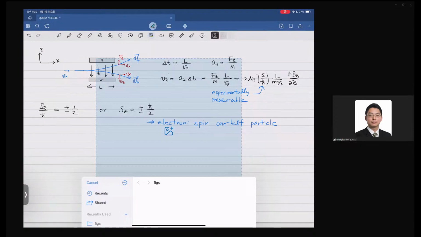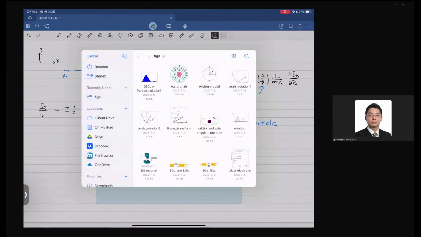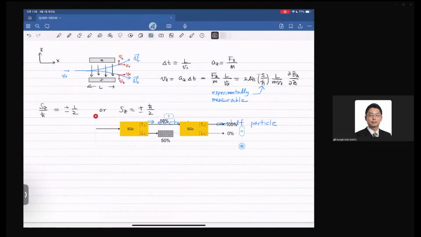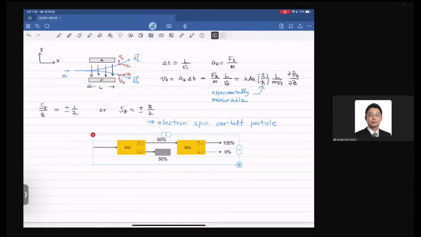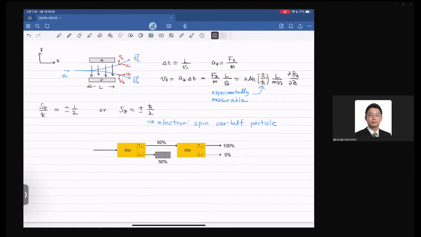Let's move on to this picture. I already showed you this. We will discuss this most interesting part of the Stern-Gerlach experiment with the mathematical description. Once you filter out the spin up and put it again into the same box, you will only get spin up. This means there's no overlap between spin up and spin down quantum states.